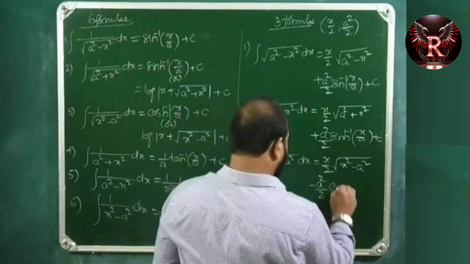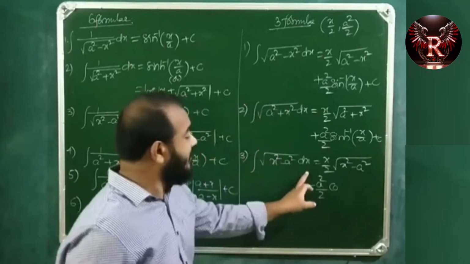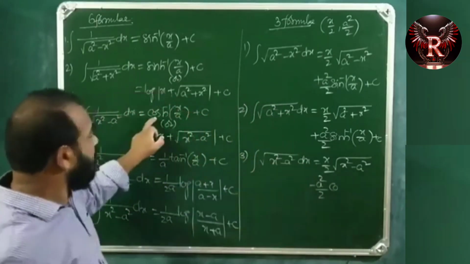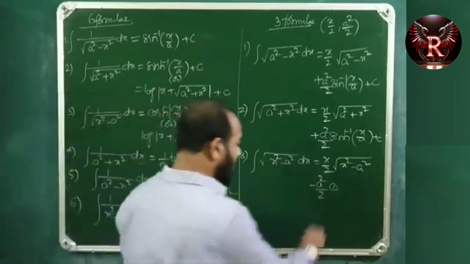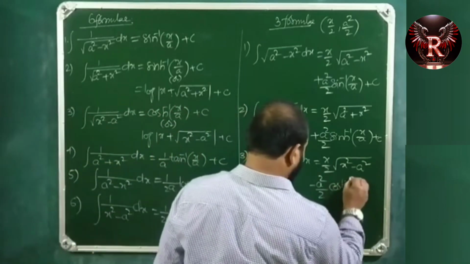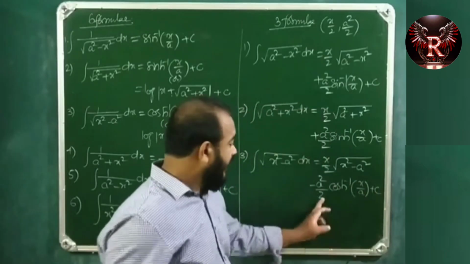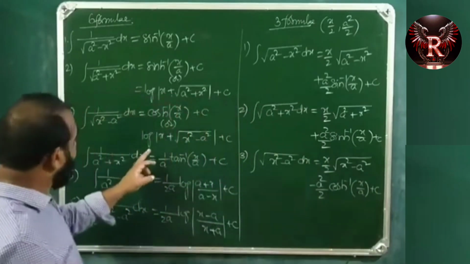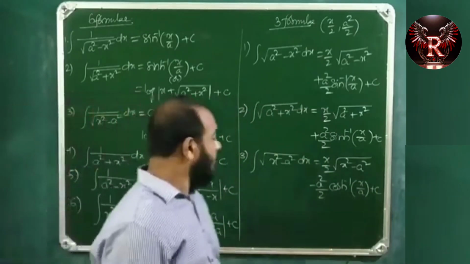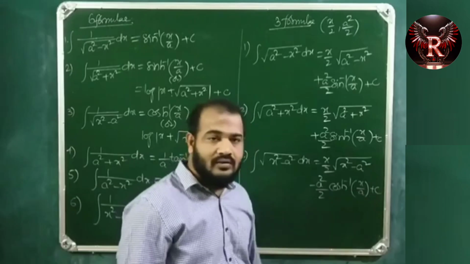A square by 2. What is integral 1 by root of x square minus a square dx? It is cos h inverse x by a. Or you may even write it as log mod x plus square root of x square minus a square plus c as well.